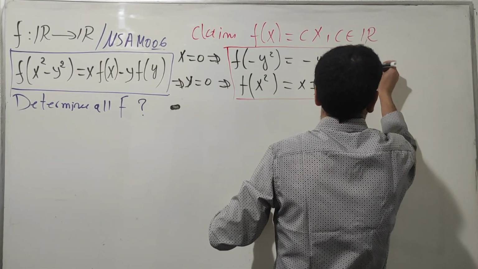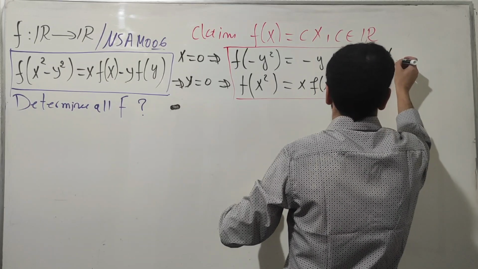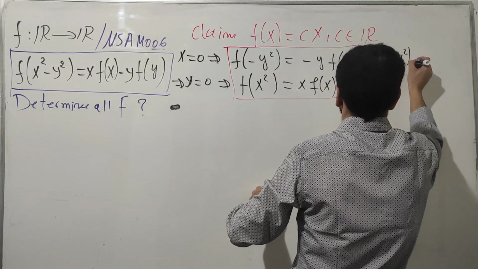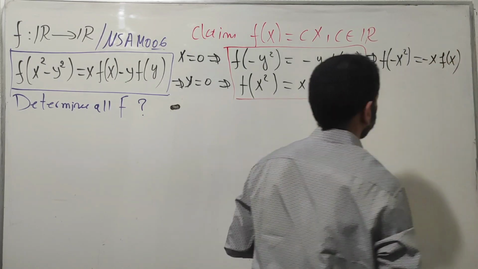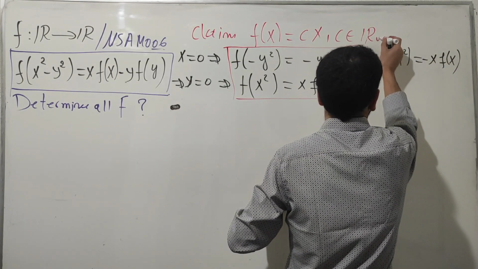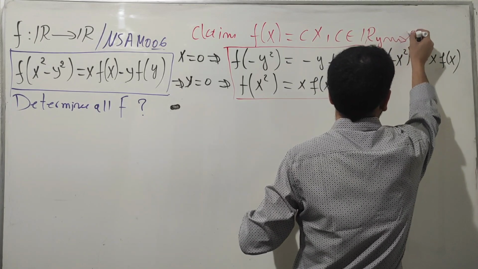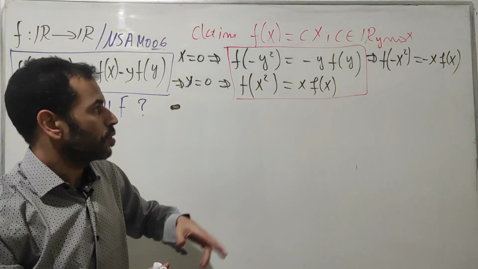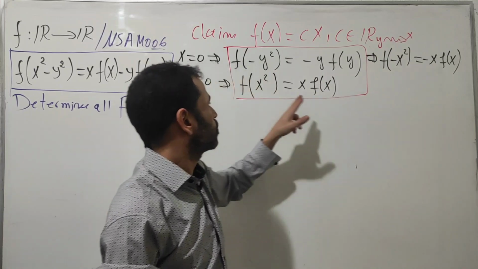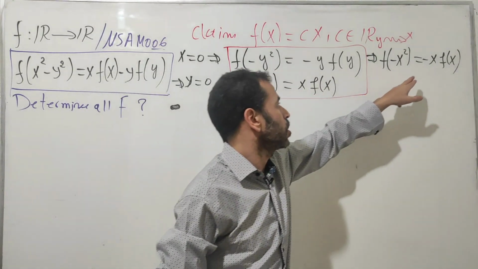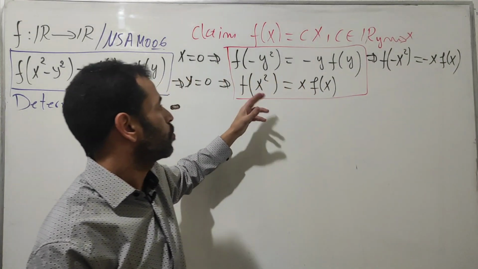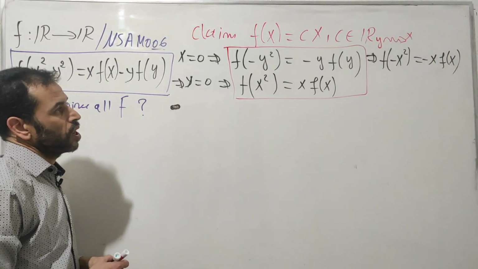This is simple, it gives us f of (minus x squared) equals minus x multiplied by f of x. I just replaced y with x. Now let's combine this expression and the other one. Since we get x multiplied by f of x in both equations, I'm going to combine these two equations. It gives us another equation.